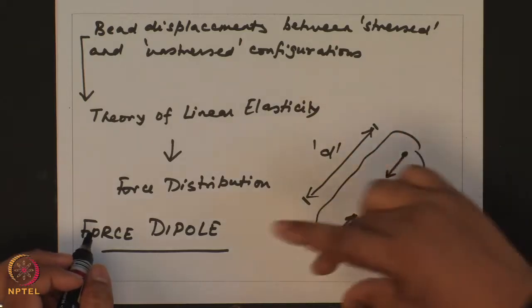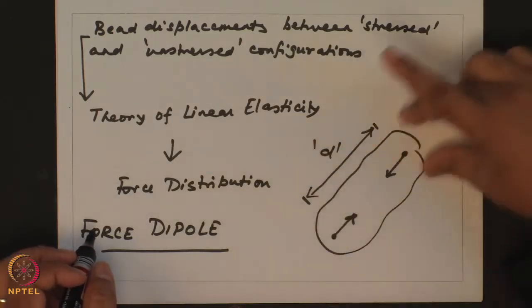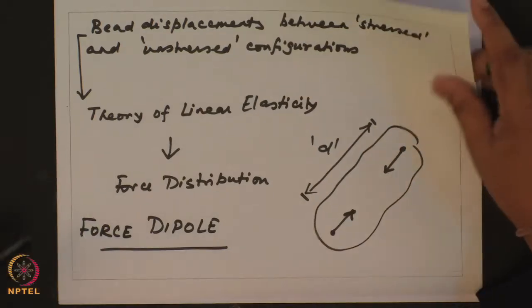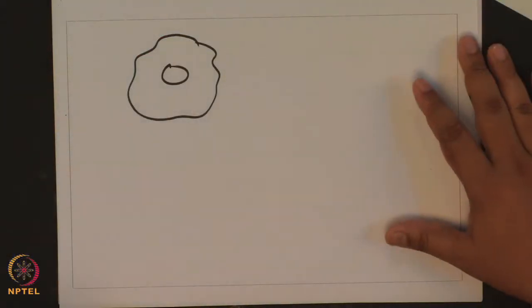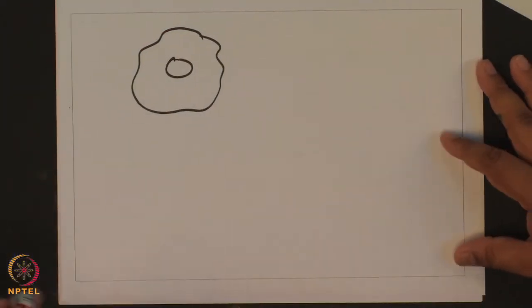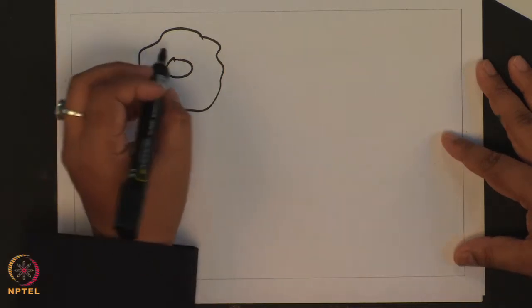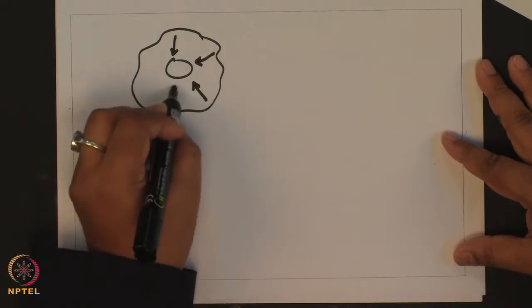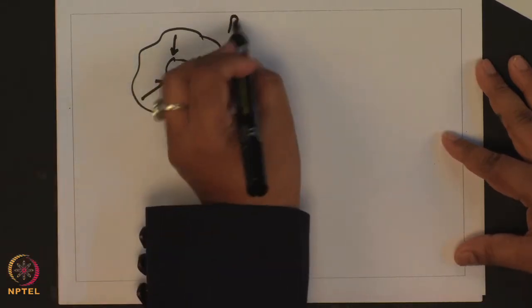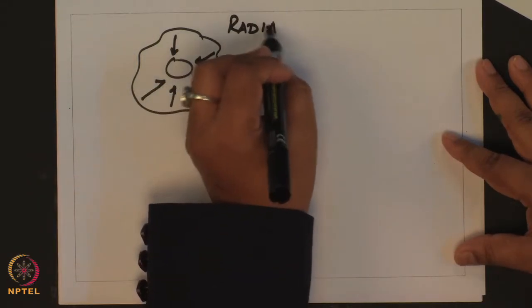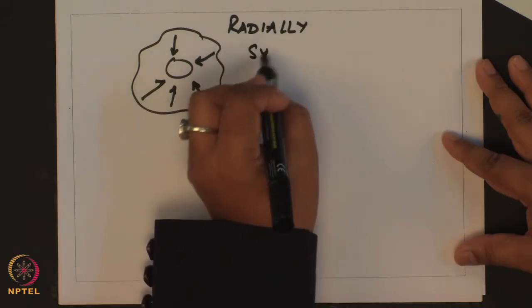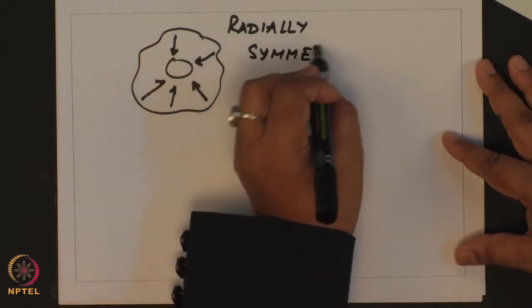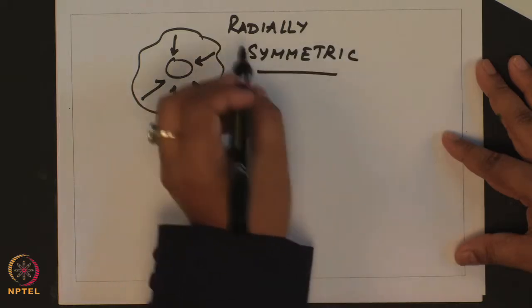This is applicable for cells which are elongated like fibroblasts or muscle cells. If you were doing the same experiment for your osteoblast, the morphology of an osteoblast is more polygonal in nature, and if you look at the force distribution, you would see the force distribution as radially symmetric.